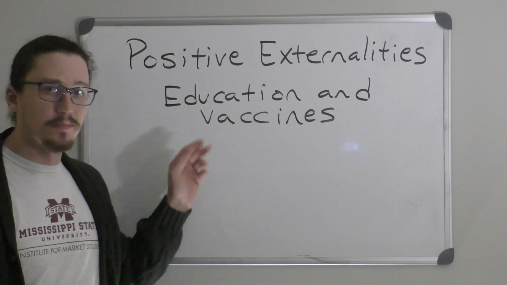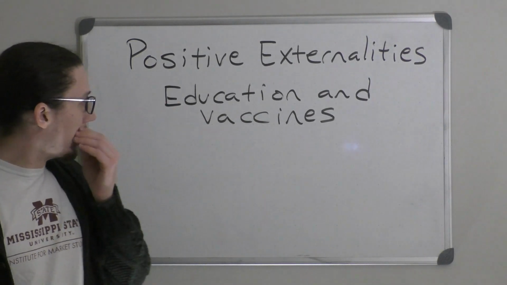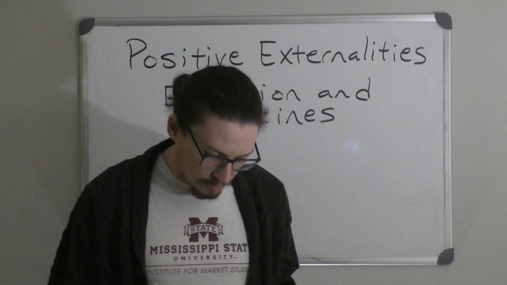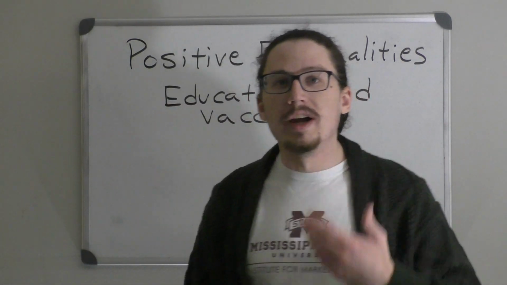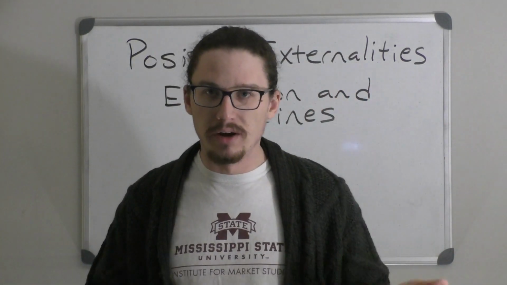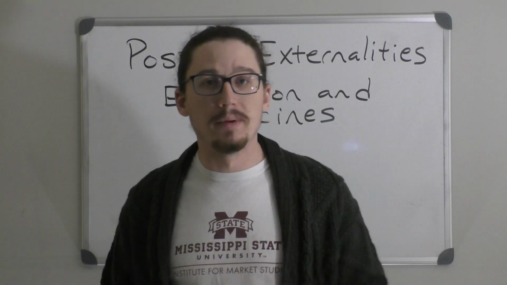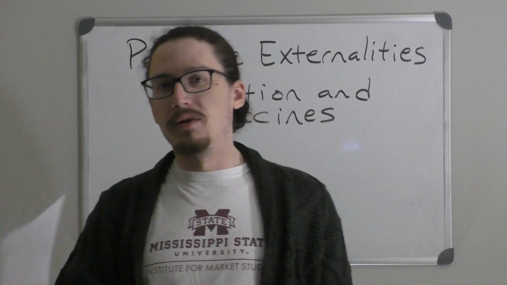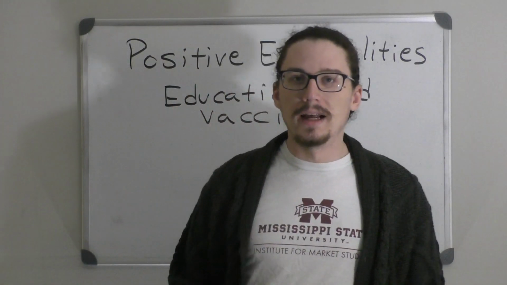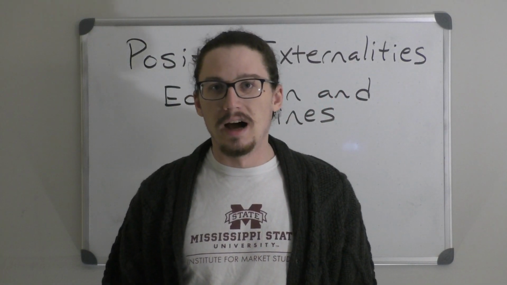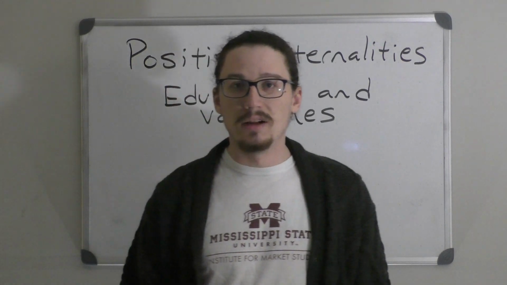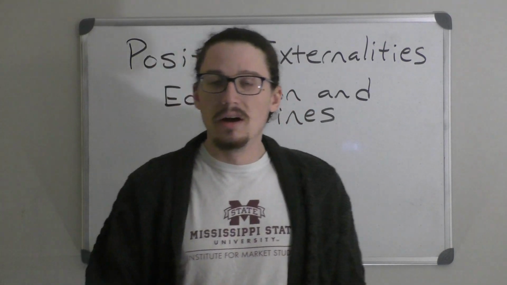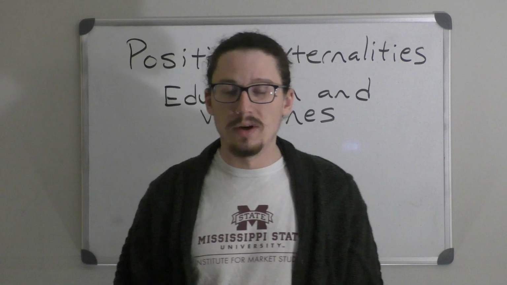So two good examples of things that have positive externalities are education and vaccines. For education, higher rates of education, so a higher percentage of the population that has certain levels of education, means the more likely you are to see higher levels of economic development.